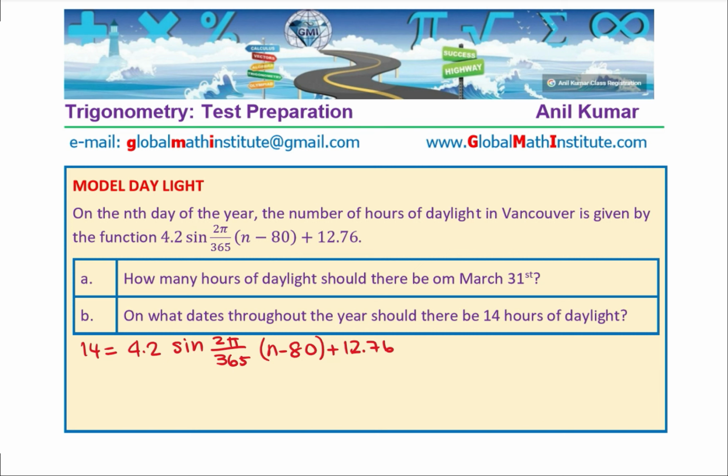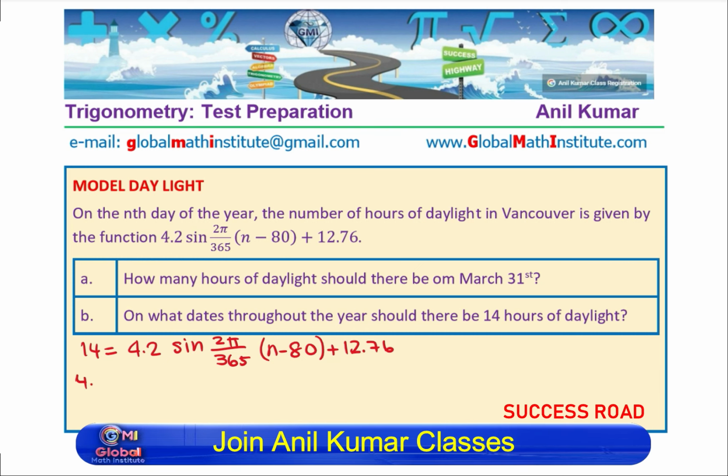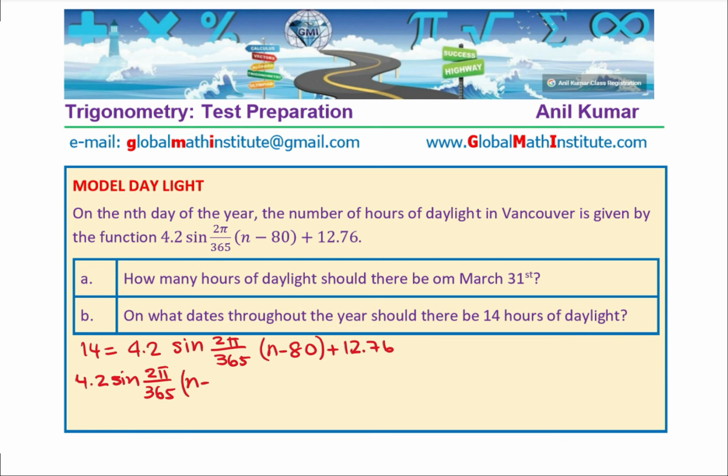Rearrange, so we can write this as 4.2 sine of 2 pi by 365 times n minus 80 equals 14 minus 12.76. So sine of this angle, 2 pi by 365 times n minus 80, will be equal to, dividing by 4.2, 14 minus 12.76 divided by 4.2.